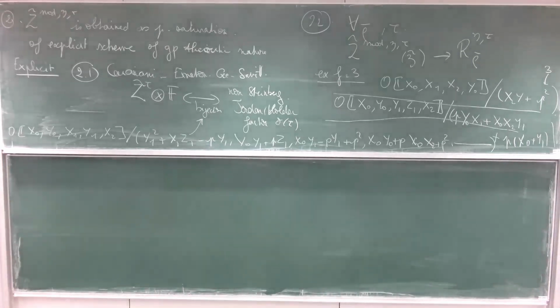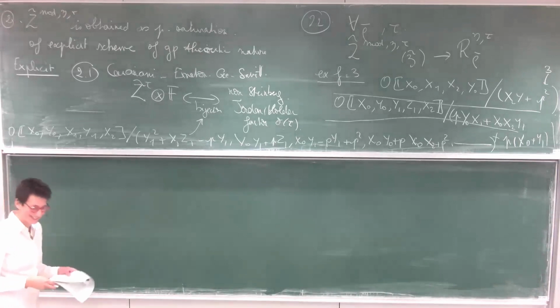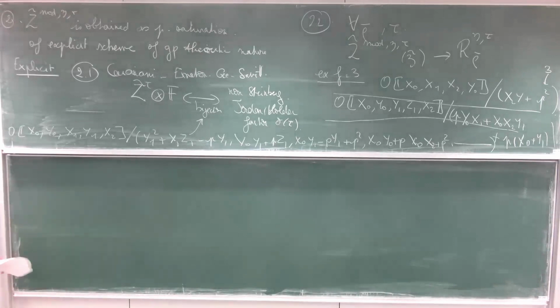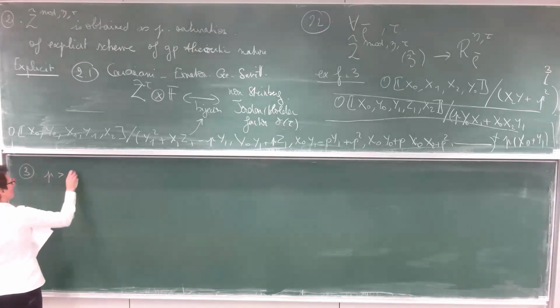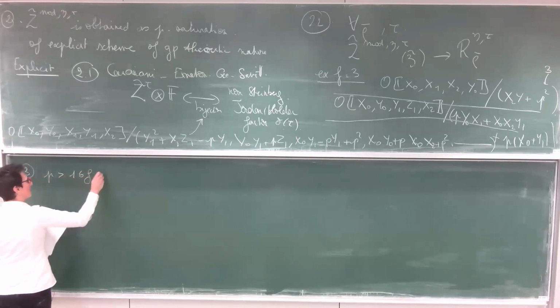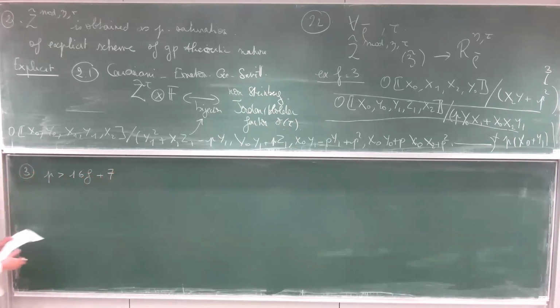Okay, so I'm almost done for my first talk. I have 2 more minutes. So let me say what it means for P to be sufficiently large. It means that P should be bigger than 16f plus 7.